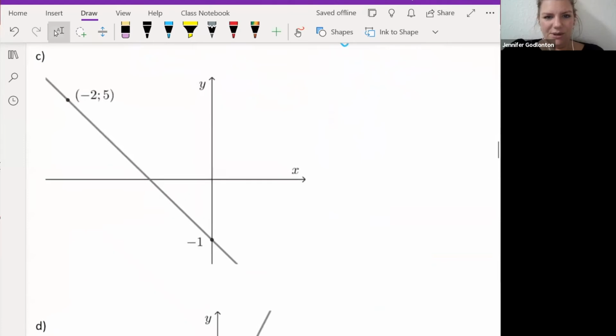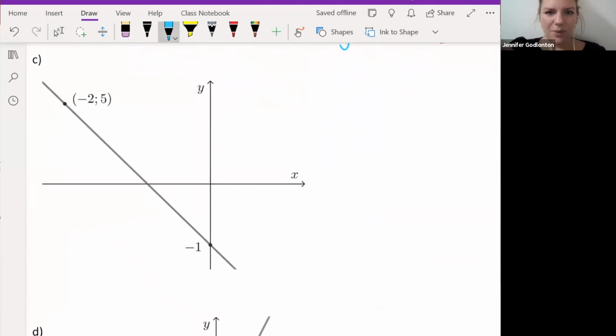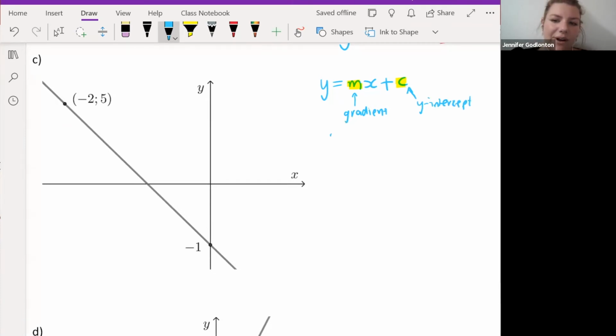I want you guys to give this one a go. I'm going to write the same helping hands up here. So I'm going to say y is equal to mx plus c. And remember, we're looking for m and we're looking for c. M is our gradient and c is our y-intercept. When we're looking for our gradient, it's the formula y2 minus y1 over x2 minus x1.